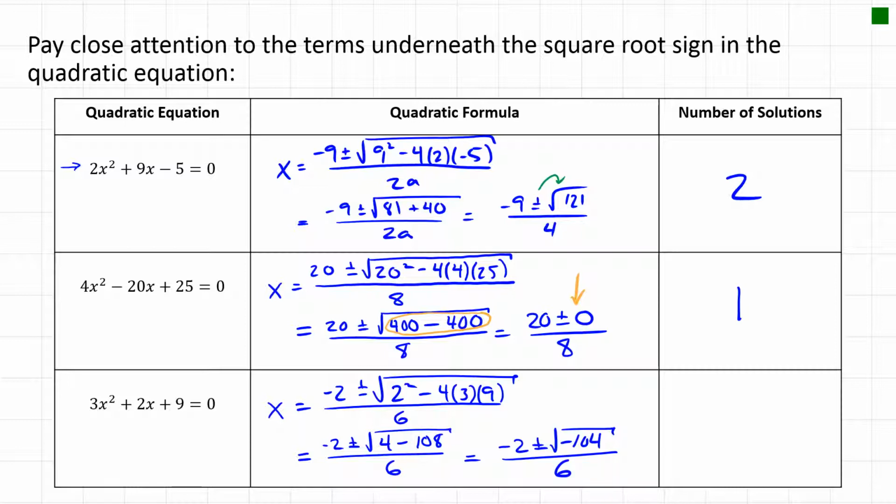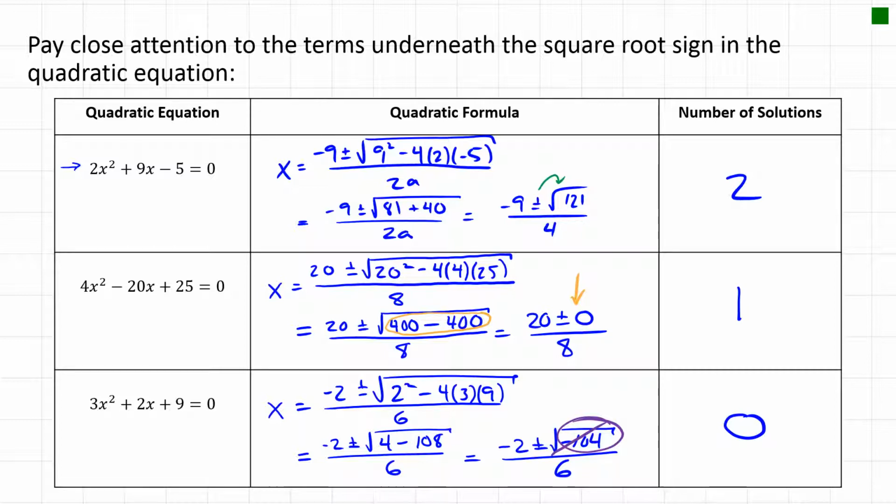And as you know, we cannot have the square root of a negative number, which means if our solution has a square root of a negative number, there are zero real solutions, at least as far as we're concerned, to this quadratic equation.